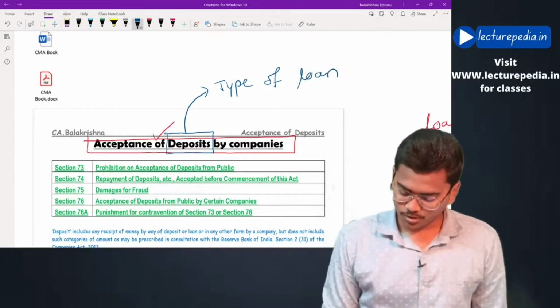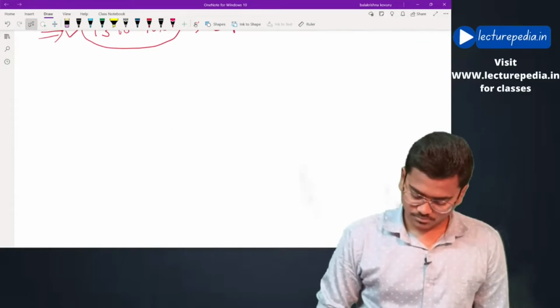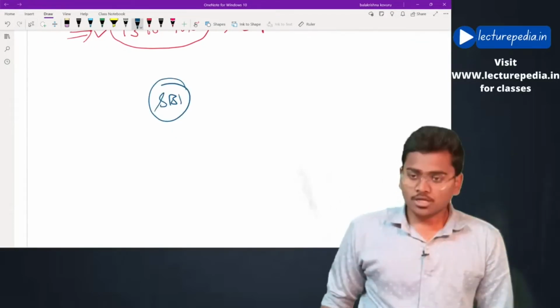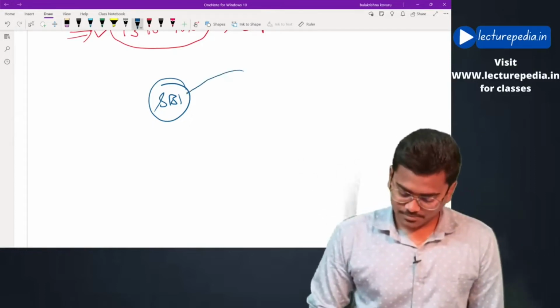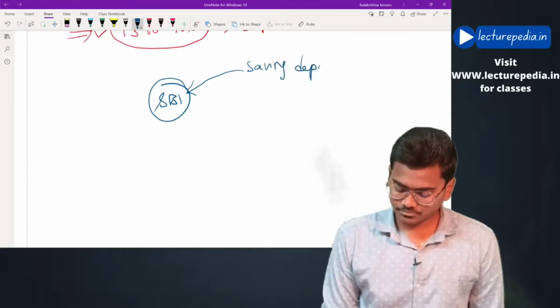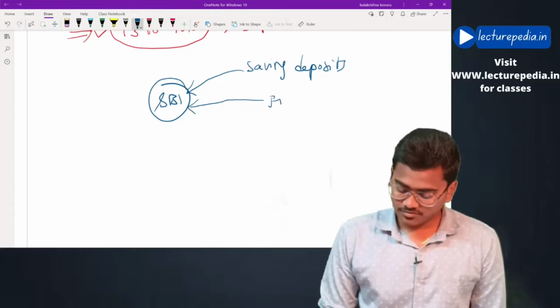Let's say there is SBI Bank. Now SBI Bank will accept saving deposits. It will also accept fixed deposits.